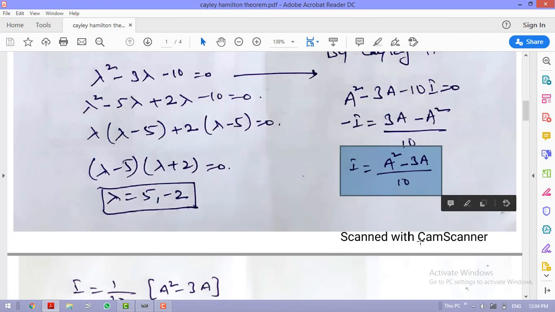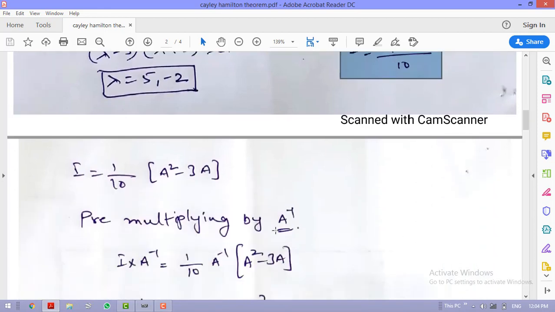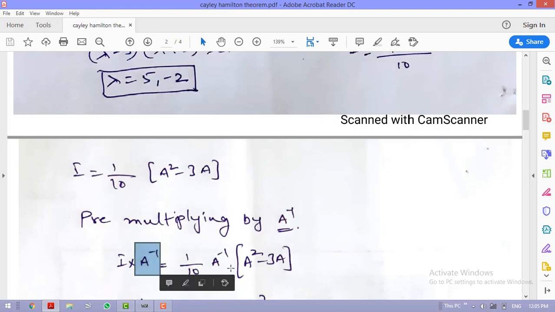As you might know the property that identity matrix into any matrix is equal to that matrix, what I just said before. So I'm multiplying this identity matrix with A inverse, and obviously if I multiply here, then I have to multiply on both sides.